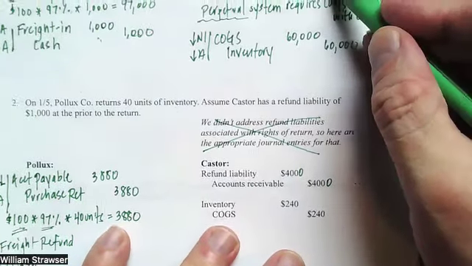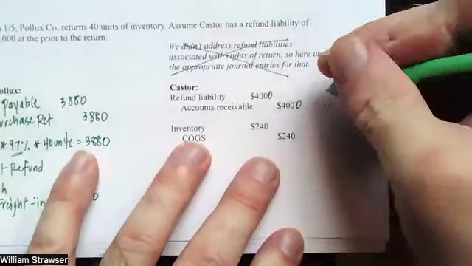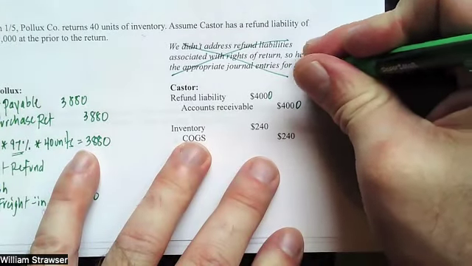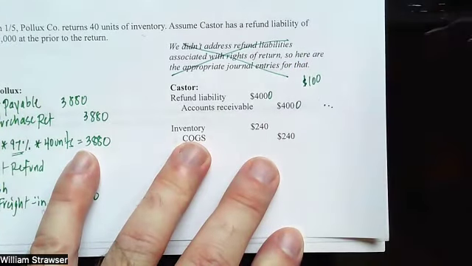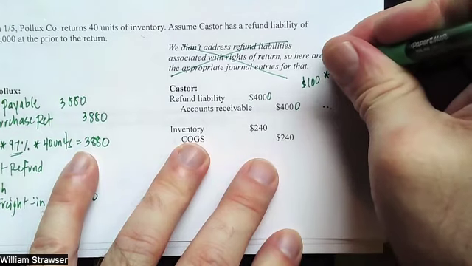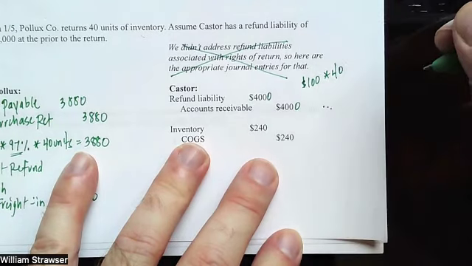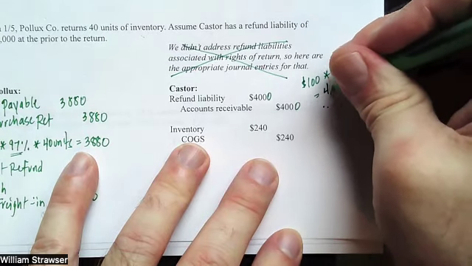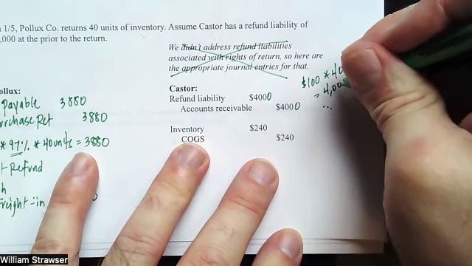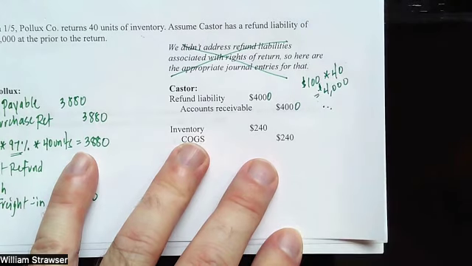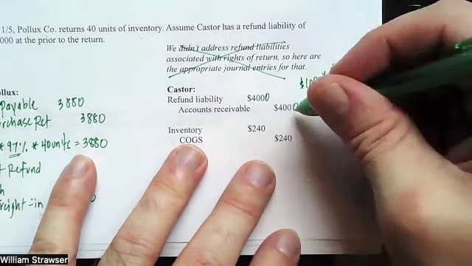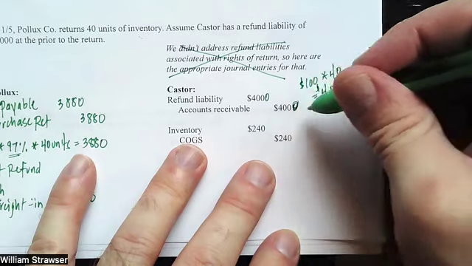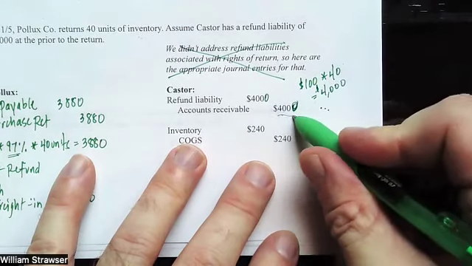Well, it was using gross method prices. So it would use gross method price, $100, multiply that by the 40 units it got back, and that would be its amount. Oops. That it records as inventory coming back, and reducing the amount they think we owe them.